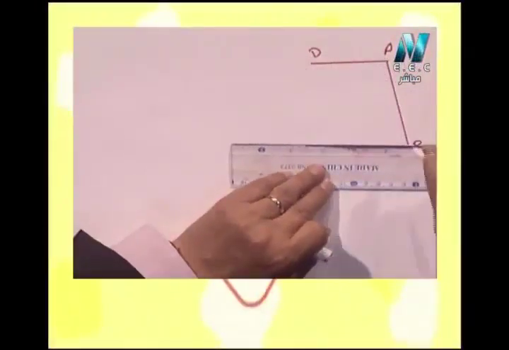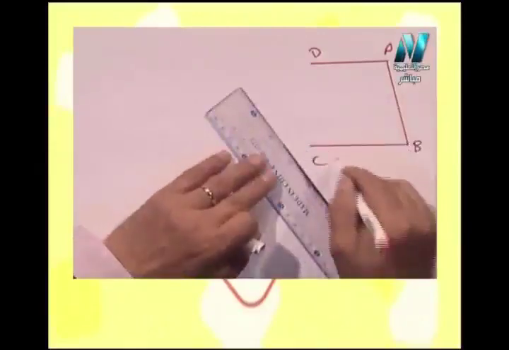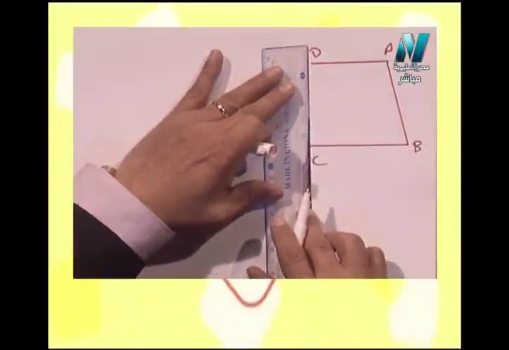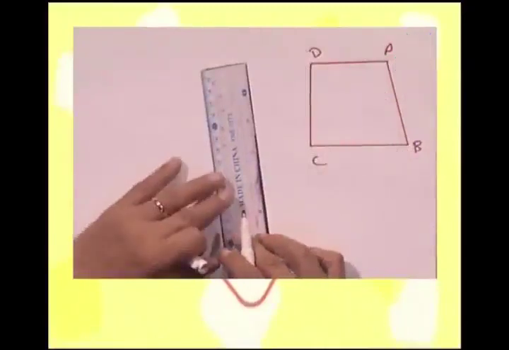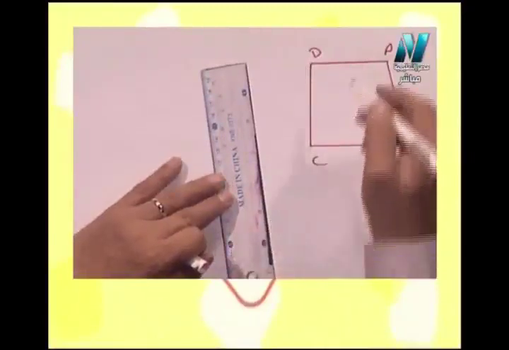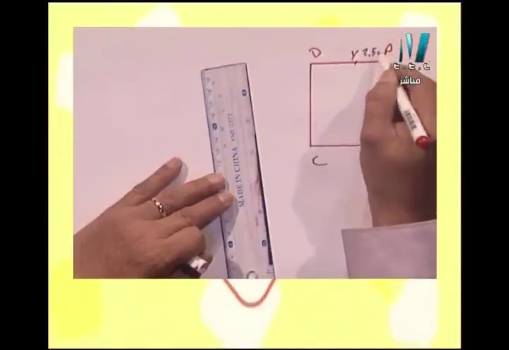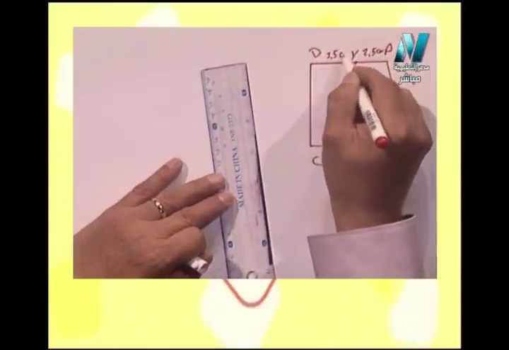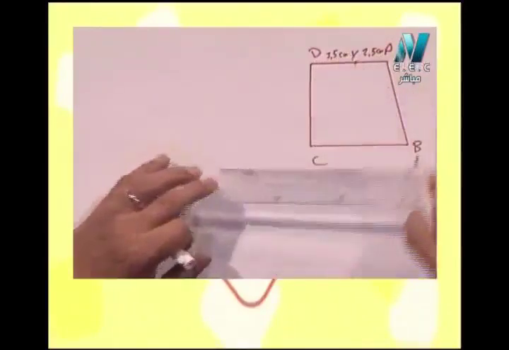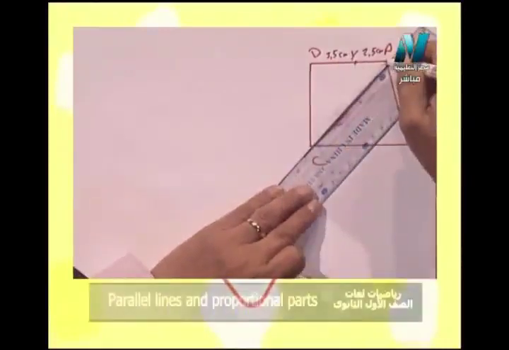We have BC, like that, and also we have DC, and this is Y. We have here YA equal 2.5 centimeter, and YD equals 3.5 centimeter, and we have a diagonal here called AC, like that.